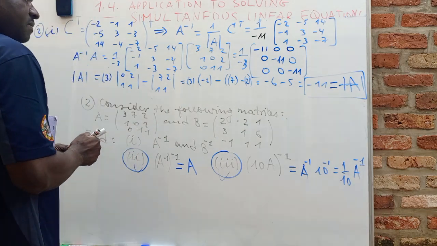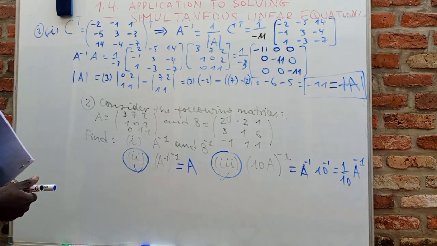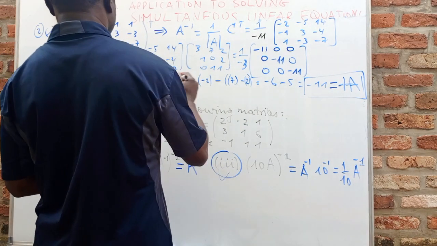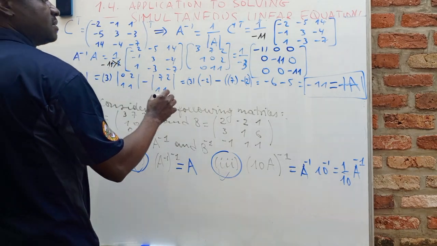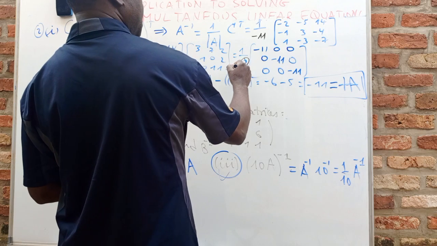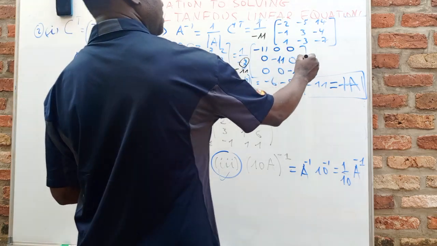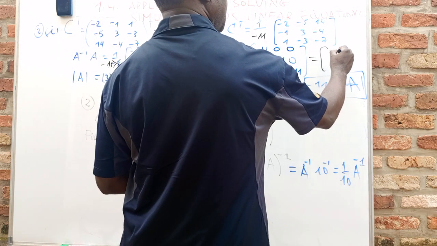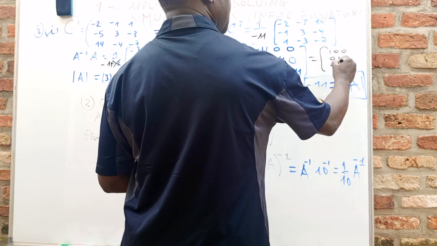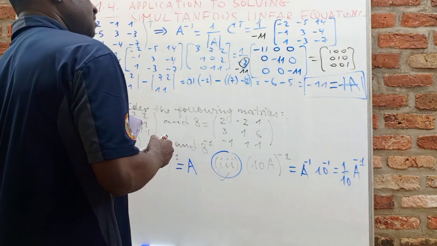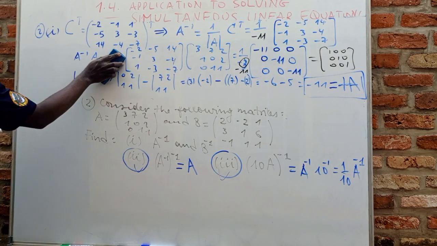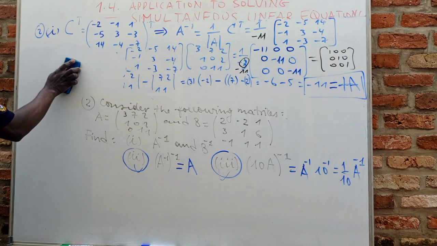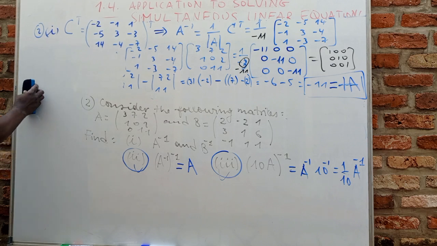So in doing so, this becomes negative 11, this becomes negative 11, and when we multiply, we get the identity matrix, which means that our inverse finally, let us calculate it over here, save it like here.